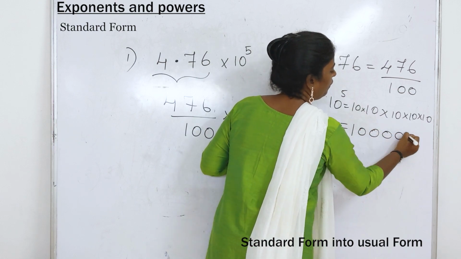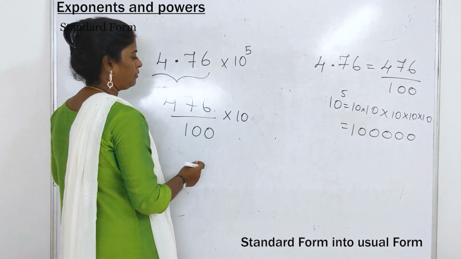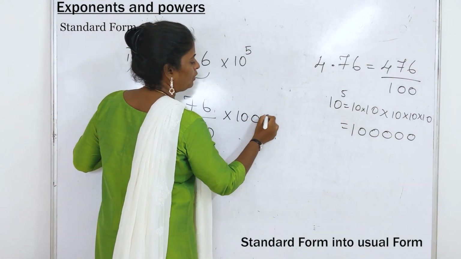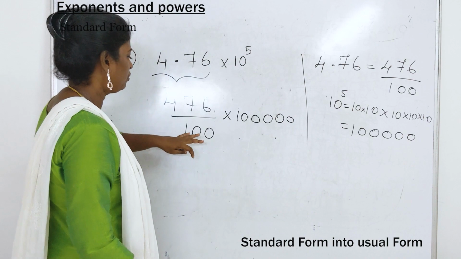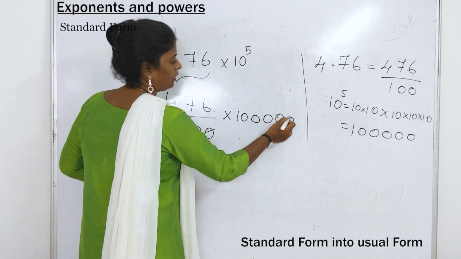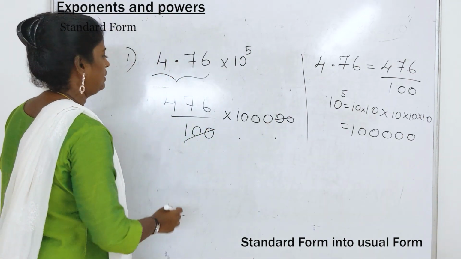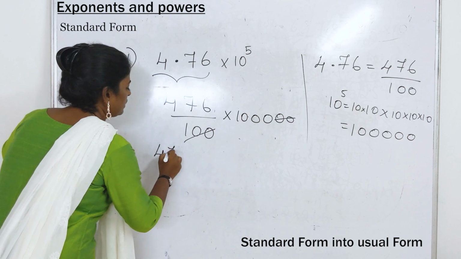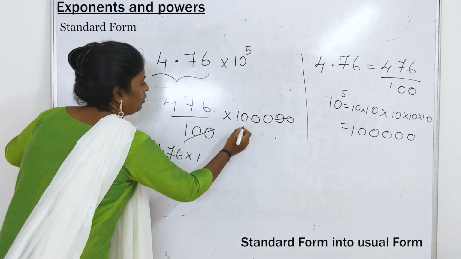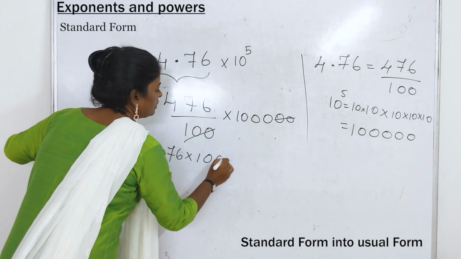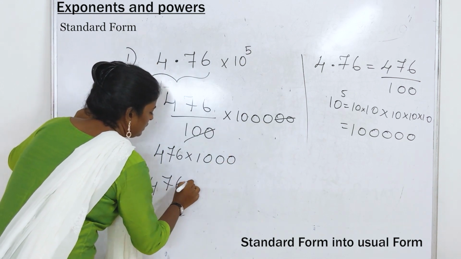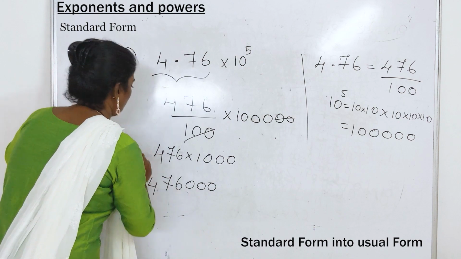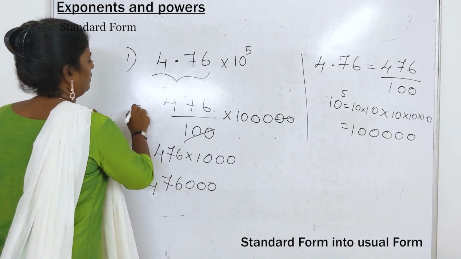So 10 to the power 5 can be written as 100000. Just divide the two zeros as it is. So 476 into 1000, which is 476,000. This is the answer.